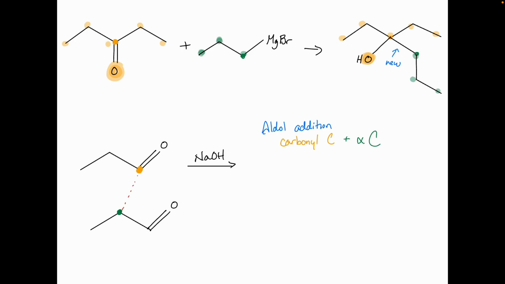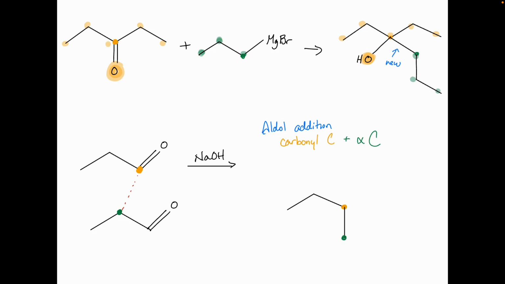So I'm going to start by redrawing those 1, 2, 3 carbons from my original aldehyde. That's this one there. I'm going to go ahead and draw my new bond. I'm going to orient this to make it a little easier to see visually how these things are connected.